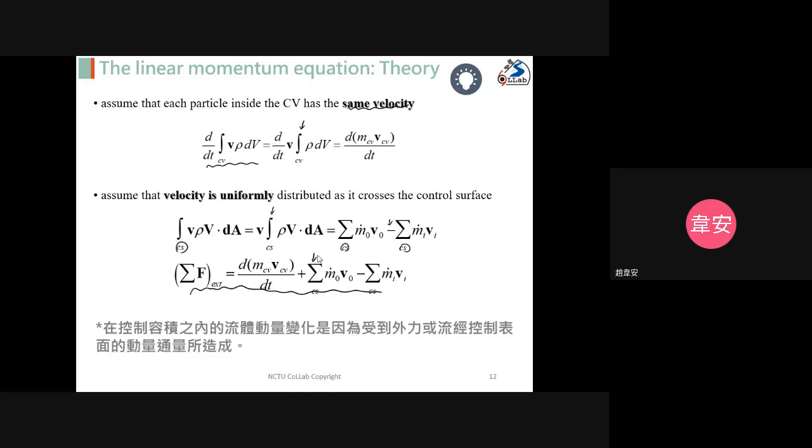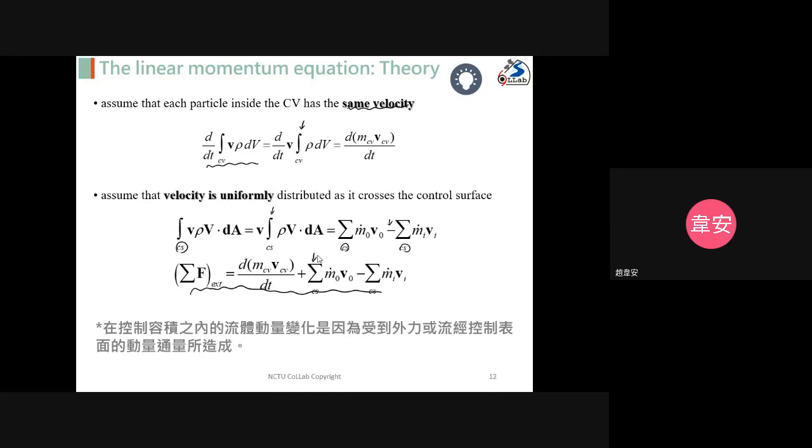I think for chapter 6, today I just introduced it briefly. So on Friday this week, we will do some exercises, to try to understand well the basic concepts of the linear momentum equation.